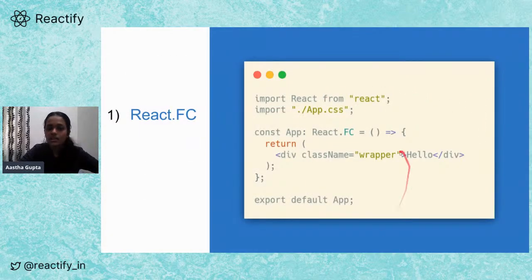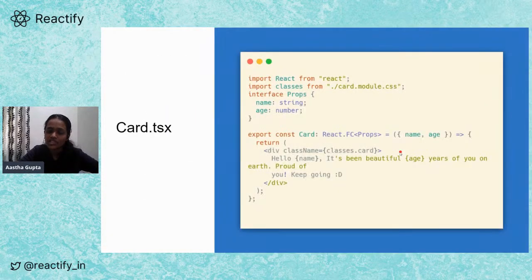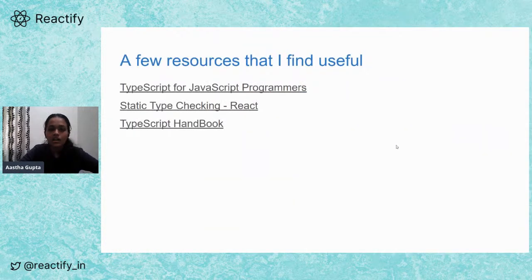There are code snippets here again, and I will be sharing this presentation so you can have a look at it. These are a few resources that I find really very useful. So when you're just getting started, use these for reference. For example, TypeScript officially has this section in their documentation, which is TypeScript for JavaScript Programmers.